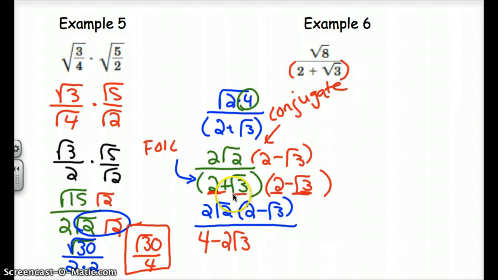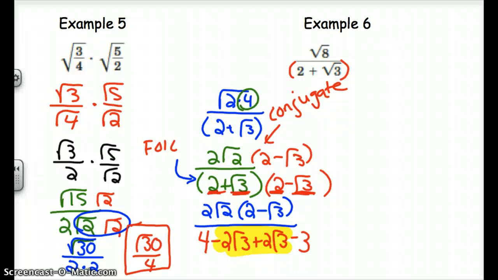Inner, root 3 and 2 is plus 2 root 3. And then my last is root 3 times root 3, which is root 9, which is a 3. Now notice here, people, I'm getting rid of my radicals. Minus 2 root 3 plus 2 root 3 is 0, and that was what I wanted to happen. I wanted to get rid of those radicals.